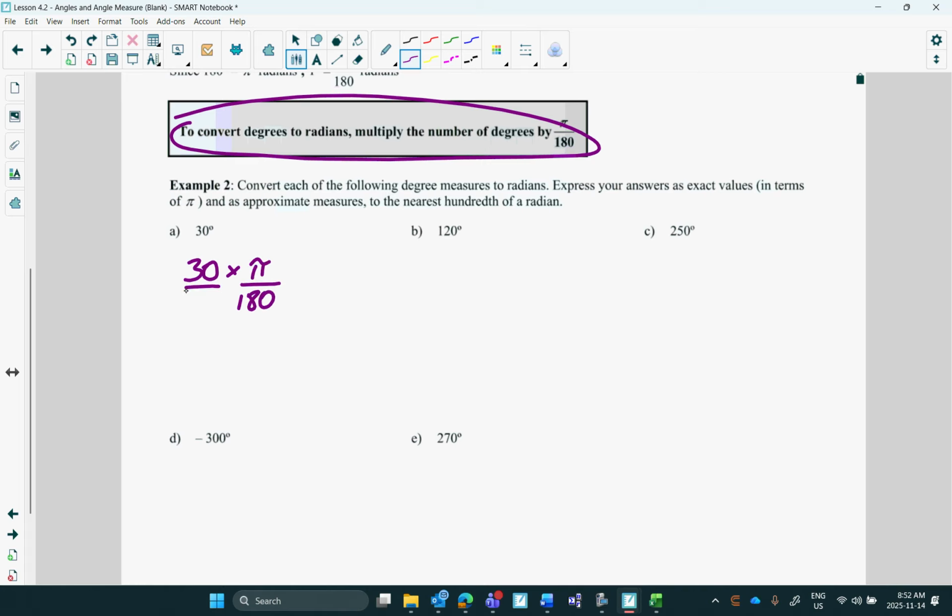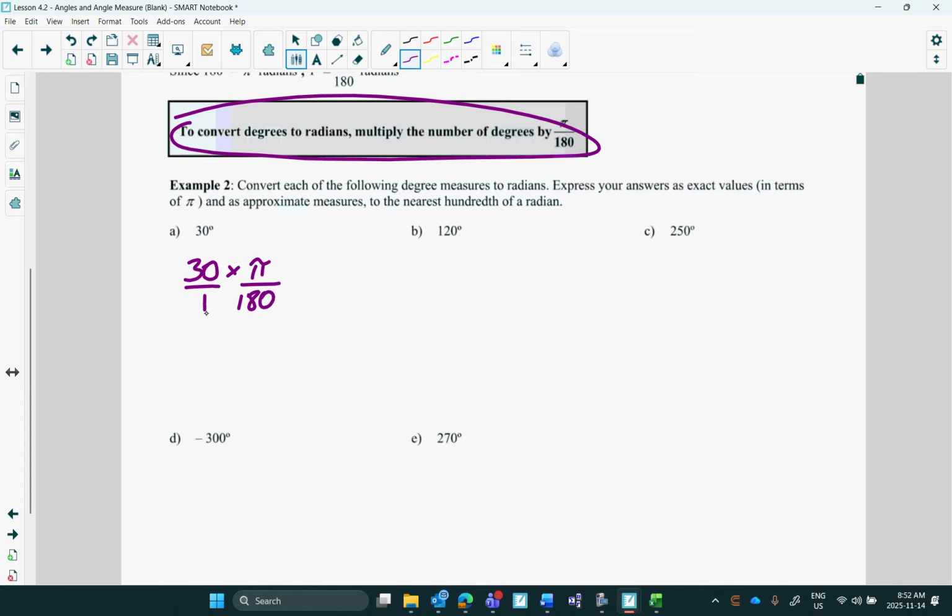Remember, this is the same as 30 over 1. And when we multiply fractions, we can reduce before we multiply. I can pick any numerator with any denominator. What can I divide both 30 and 180 by, the largest number?